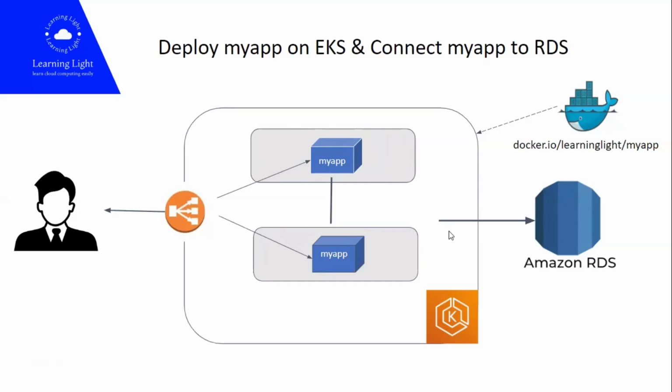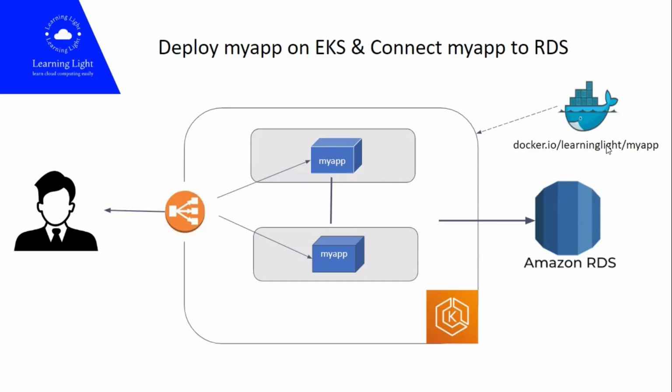And we will create an RDS MySQL database, and this database can be connected from EKS. We will deploy our MyApp service with a load balancer kind of service, and this load balancer can be accessible from the outside world.